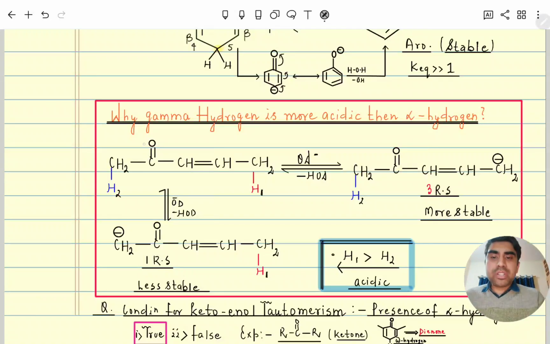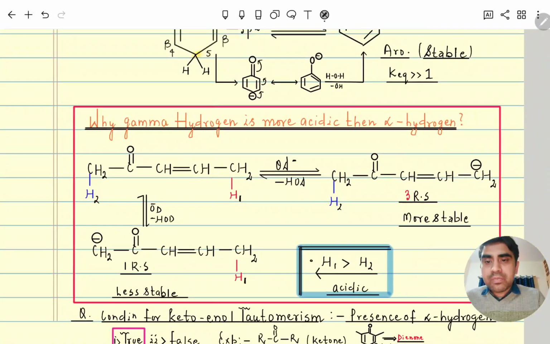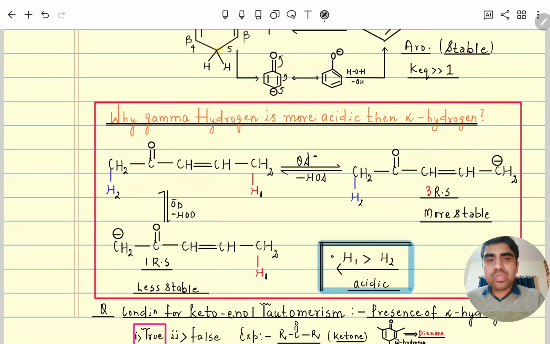How can you try to understand this? Simple: this structure is given. In this you can see that this one is the alpha carbon with respect to this functional group, whereas this one, if here it is 1, here it is 2, so this is third. The third carbon is not sp3, so we'll go to the fifth carbon.